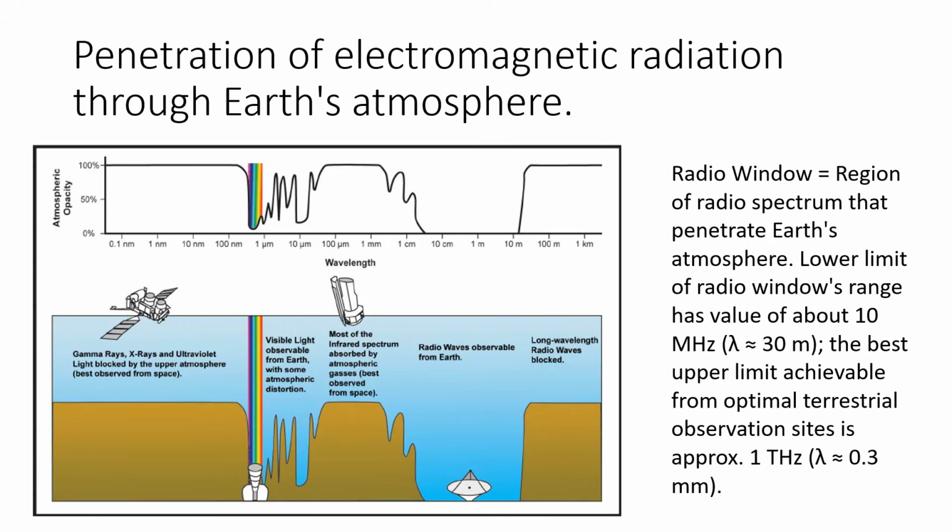Now, the thing to bear in mind is that the bit that shows the red, white and blue, etc., around about 1 micrometer, that's visible light. And apart from that, the only good area of the electromagnetic spectrum that reaches the ground is our radio waves, which, as you can see, are just under about 10 centimeters, going up to just above 10 meters there.